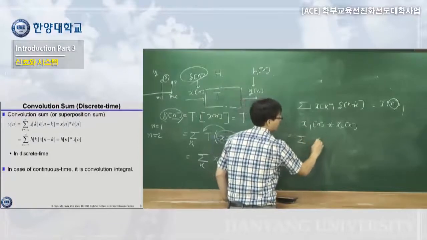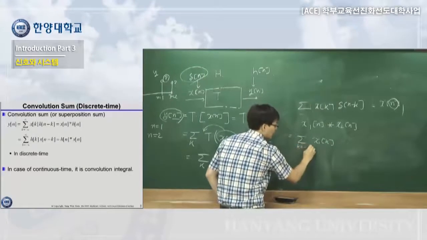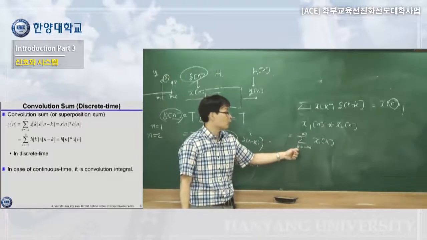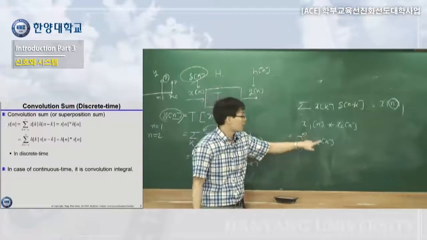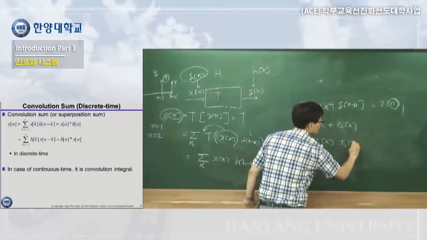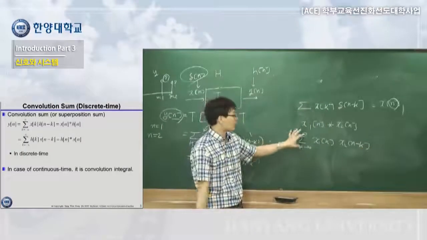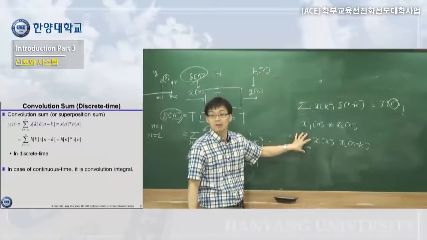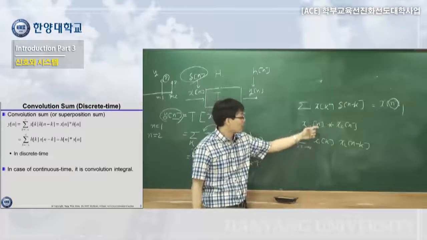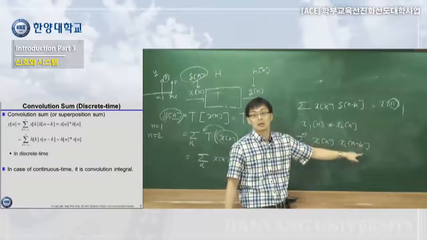We put summation over k from minus infinity to infinity, select one of the functions and put k, and the second one is given as n minus k. So this is the definition of convolution. We pick one of them, put k, pick the second one, put n minus k.